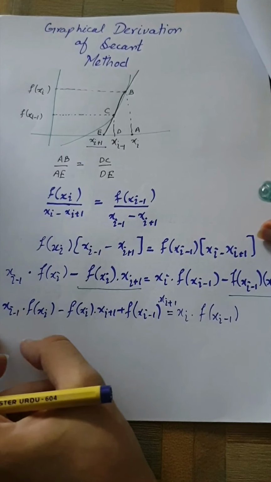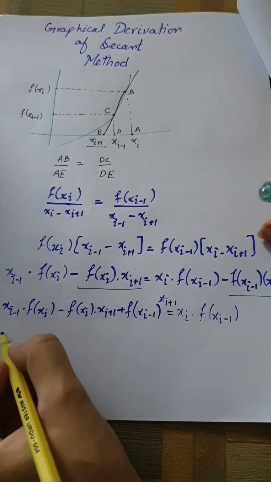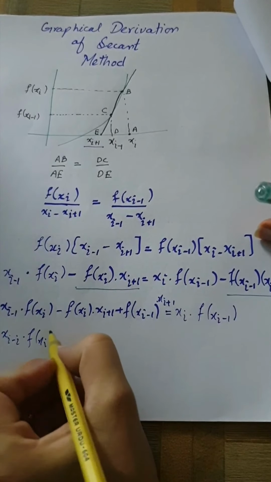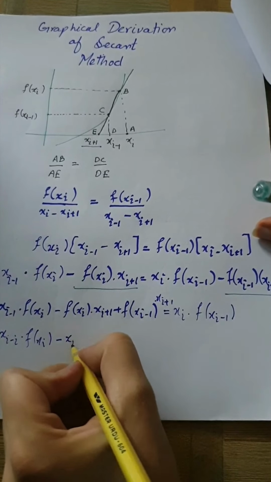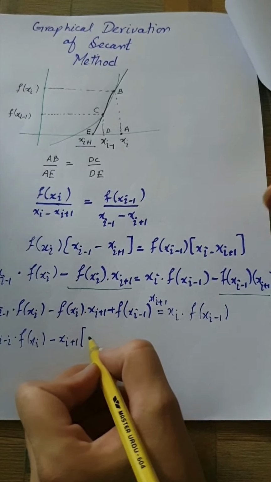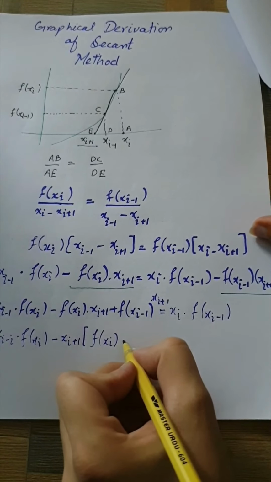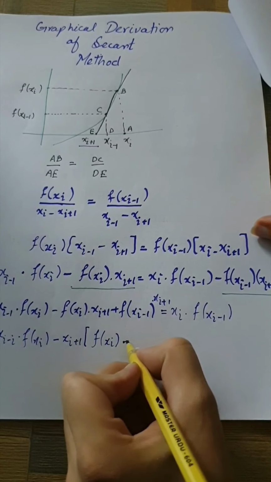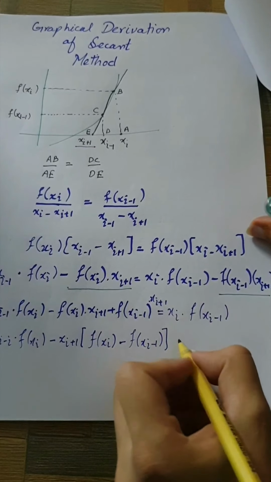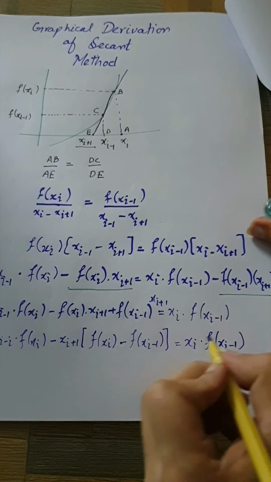So I will have f of x of i minus 1 into f of x of i minus x of i plus 1 into f of x of i minus f of x of i minus 1 is equal to x of i into f of x of i minus 1.